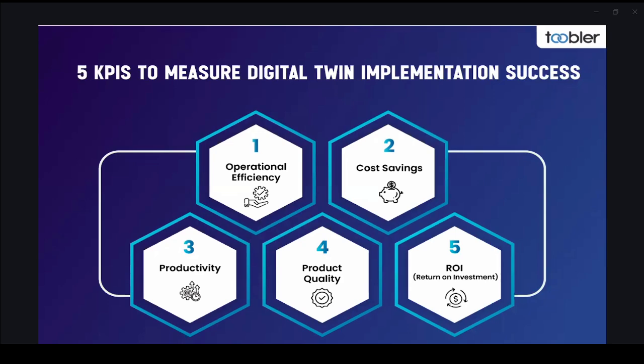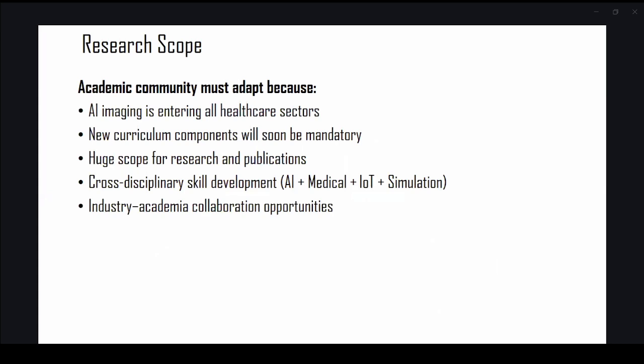Product quality is very, very important, since we implement this in healthcare and directly involve human beings, so the product quality should be good. And then ROI, return on investment. So these are the 5 key parameters we need to take care of while we implement digital twin applications in our premises or organization.